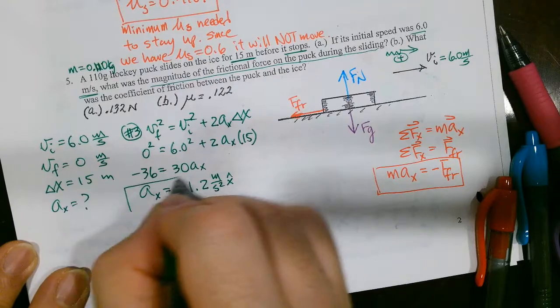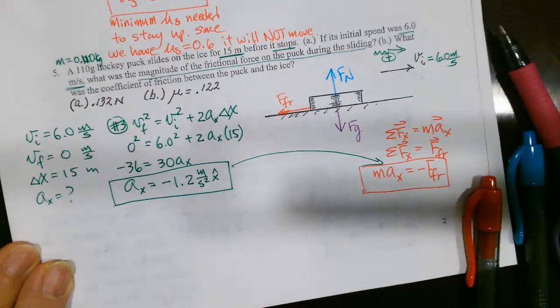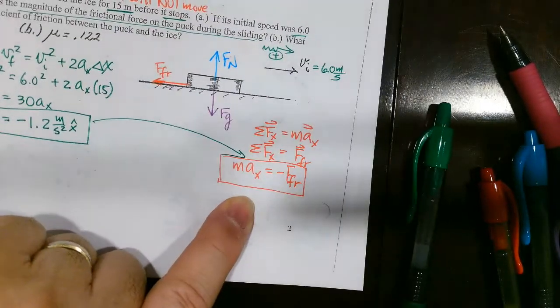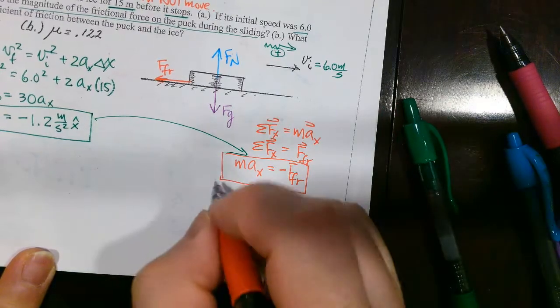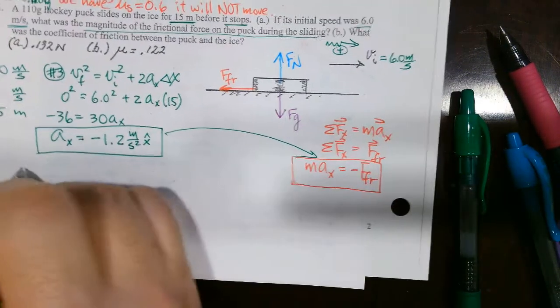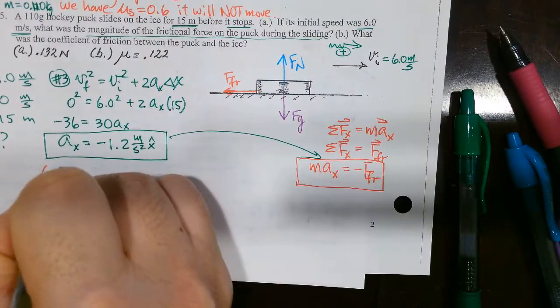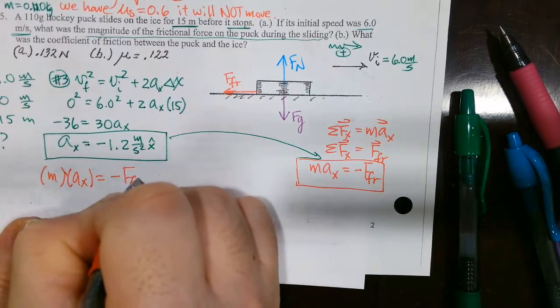Now that we know the acceleration, if we dump it in here, what do we get? The mass times ax is equal to negative friction.